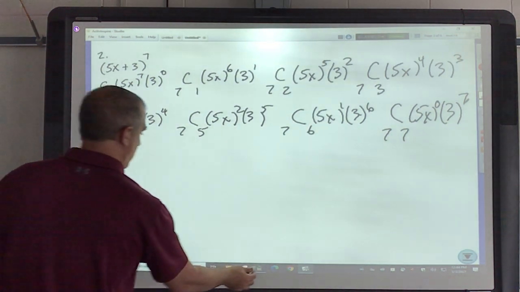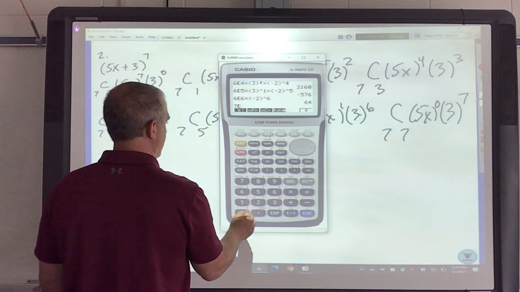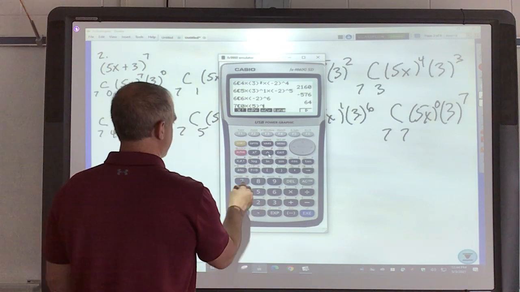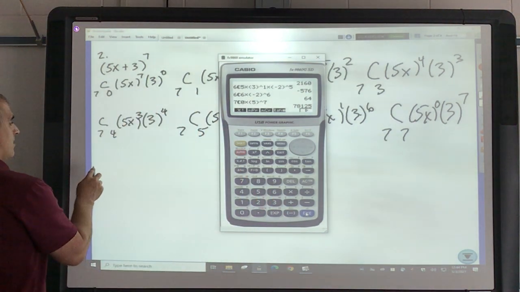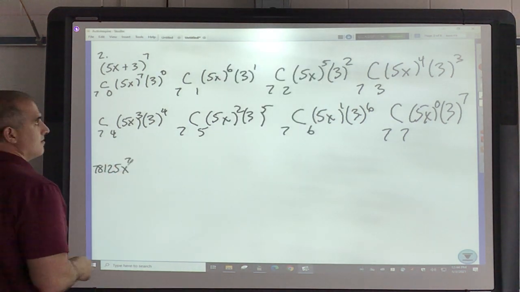Now all I have to do is the calculations. 7 choose 0 times 5 to the 7th, I don't even need the second part. So that's going to be 78125 x^7.